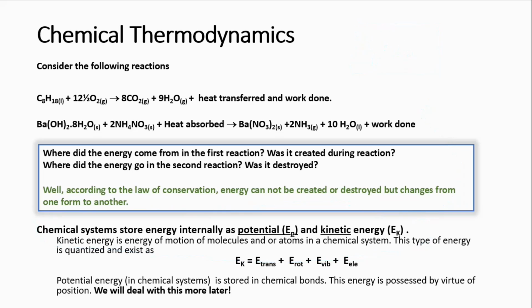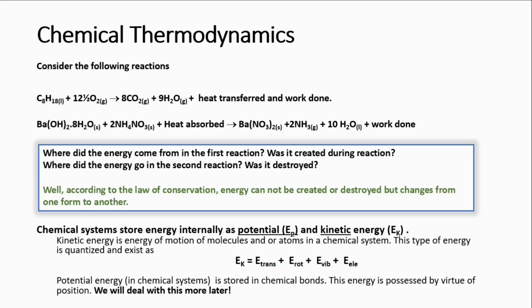Now, the kinetic energy in the system can be separated into its constituent forms: translational energy, rotational energy, vibrational energy, and electronic energy. So even the kinetic energy has some subcategories.